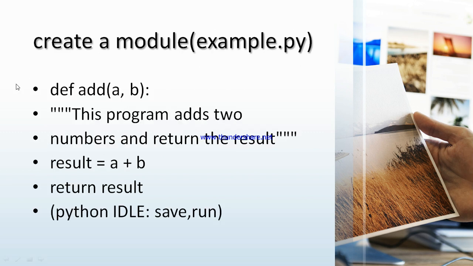This is a model that is ready to execute the addition operation. So I'm using the function def add(a, b), then result is a plus b, and return result. In the Python IDE, you can type the program, save it and finally run it, and the model is ready for execution.